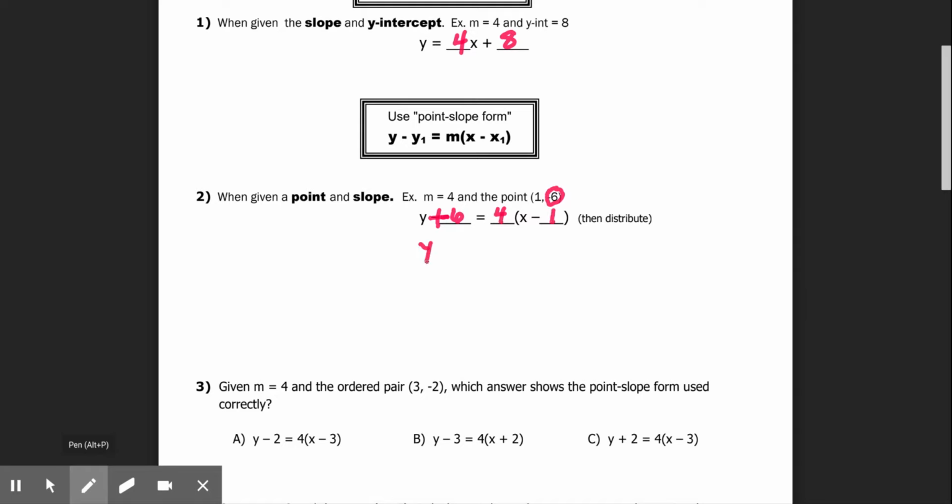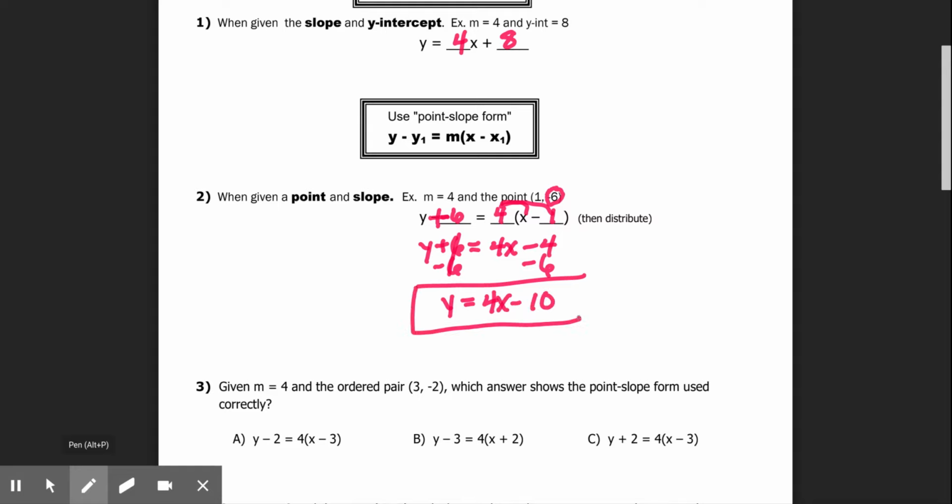All right, so then we're going to have y plus 6 equals, we're going to do the hippity-hoppity. 4 times x is 4x. 4 times negative 1 is negative 4. And then we just subtract 6 from both sides. So y equals 4x, same signs, add and keep. So there you go, y equals 4x minus 10.